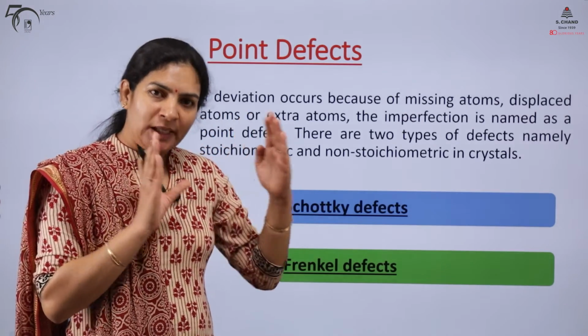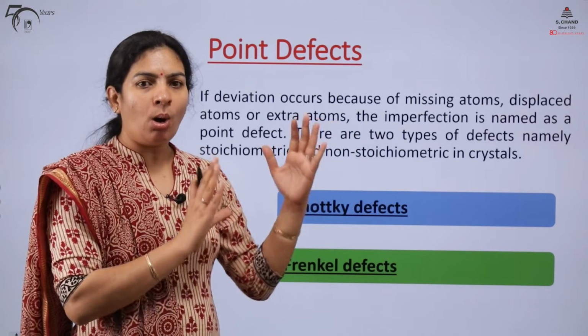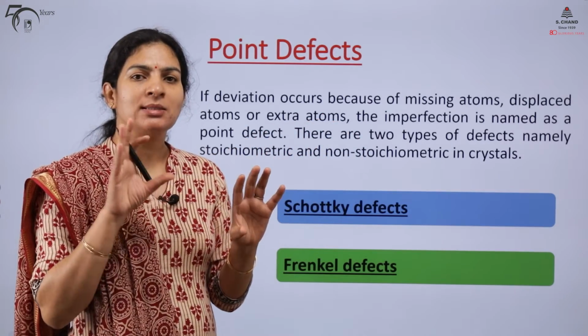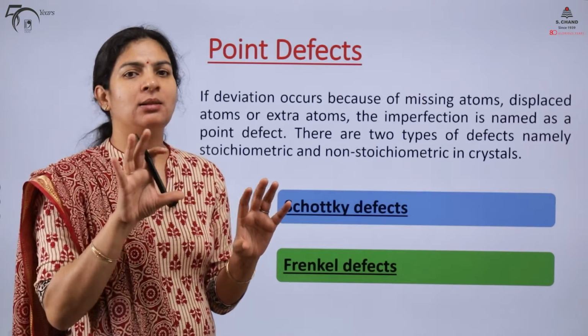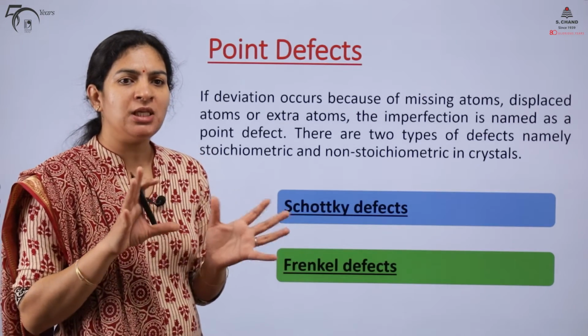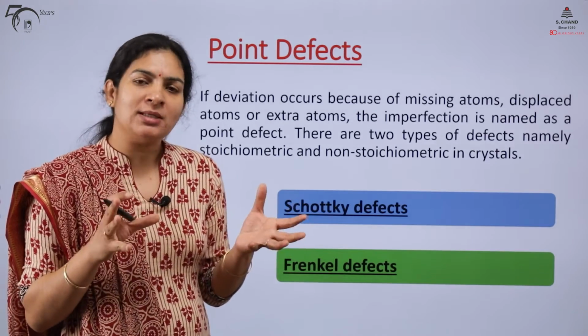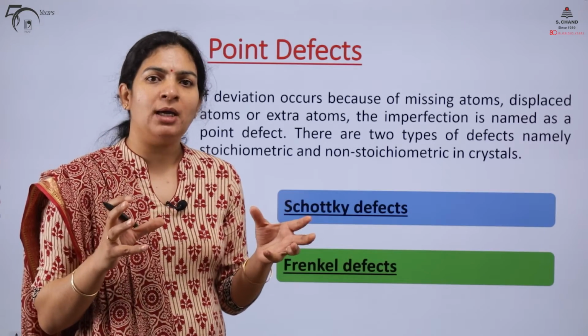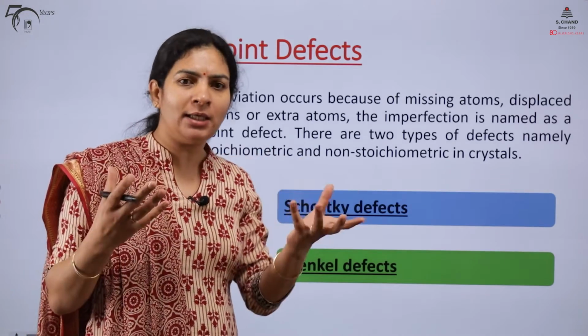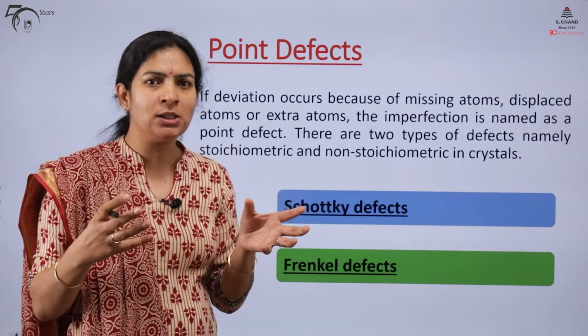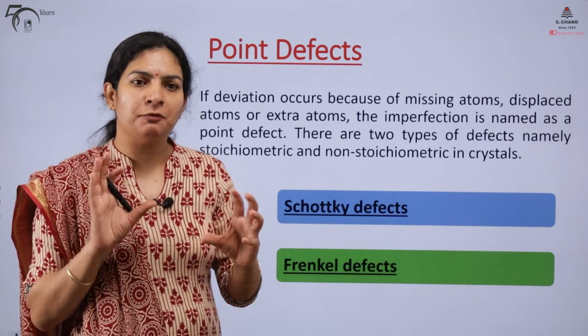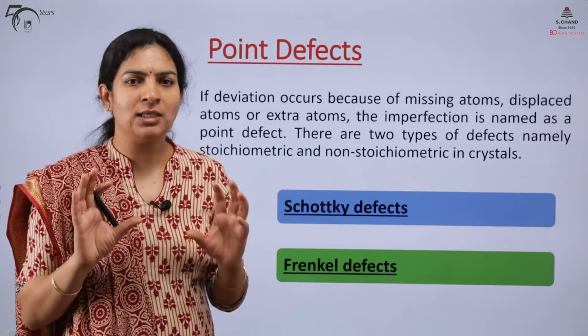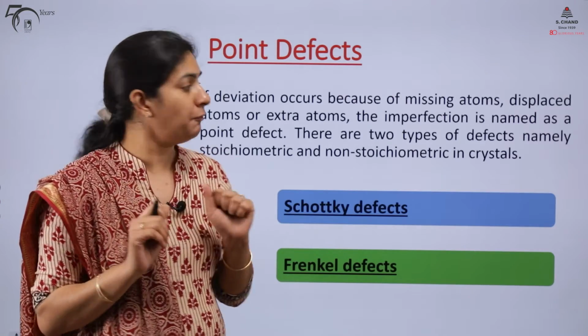They are either completely missing from their positions, or occupying some other positions. In other words, they are not occupying the positions assigned to them in the perfect crystal, so they deviate from the perfect crystalline structure, and hence we say that the solids have defects.